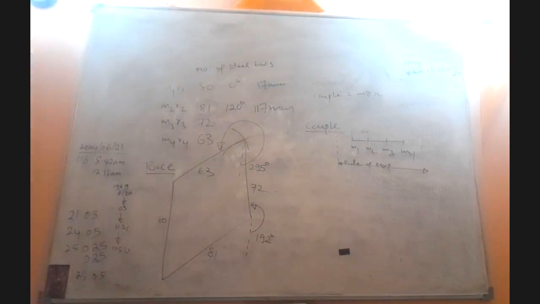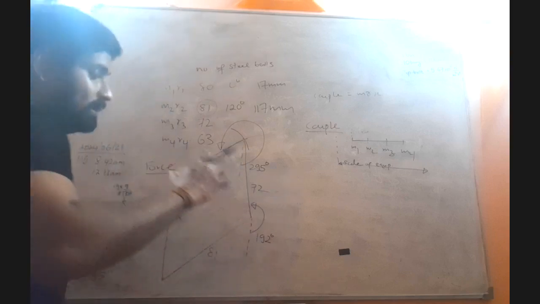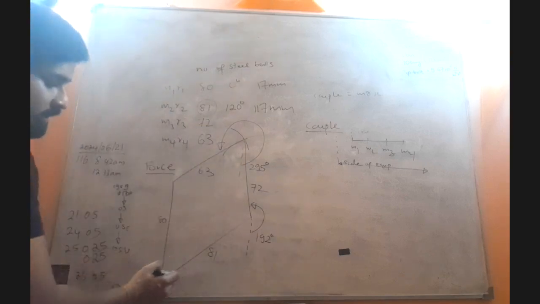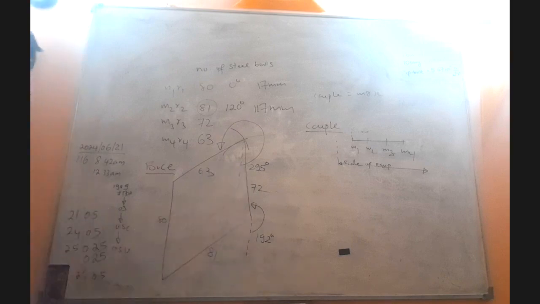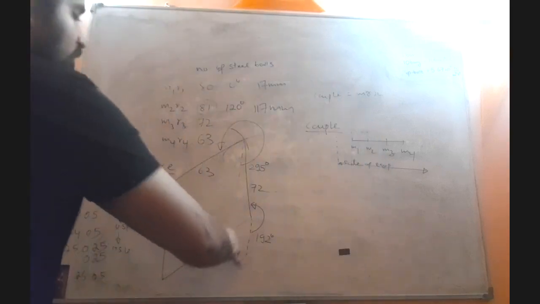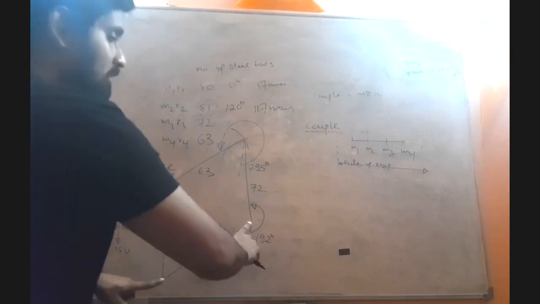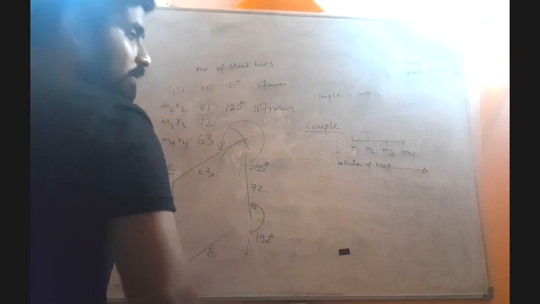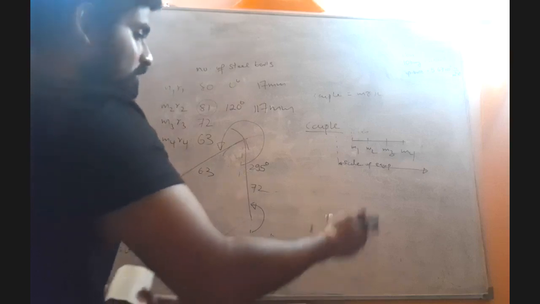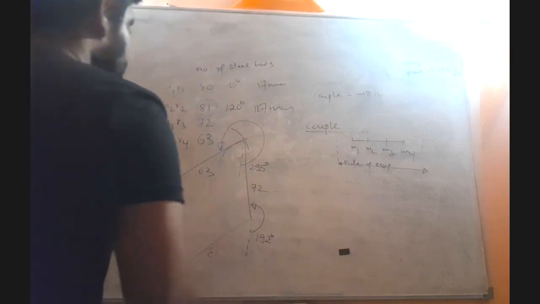So now how to get that? Because now we already know the angular position of the second mass, right? We already know the angular position of the second mass. So from this first polygon we can actually copy that position, right?